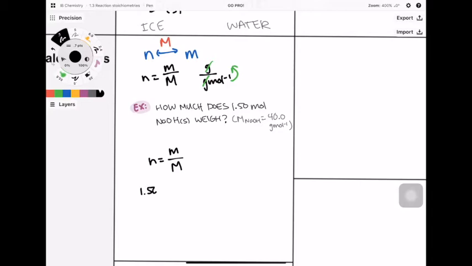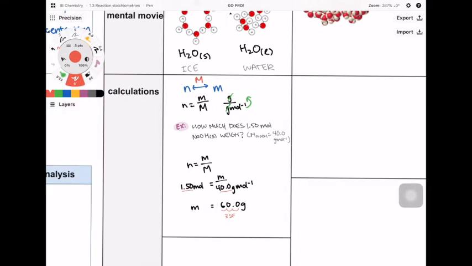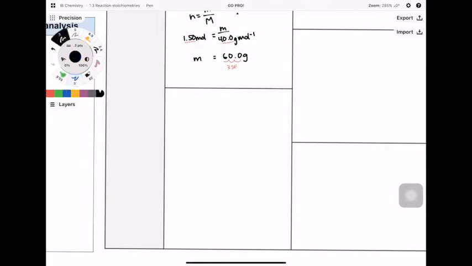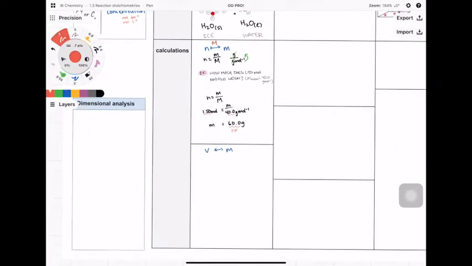I can use whatever formula I like as long as I get to the correct units here, and again I am isolating for mass and I get 60.0 grams. And again, if anyone is interested or understands sig figs already, here I have 3 sig figs because that is the maximum sig figs that both of the numbers that I've been given have.